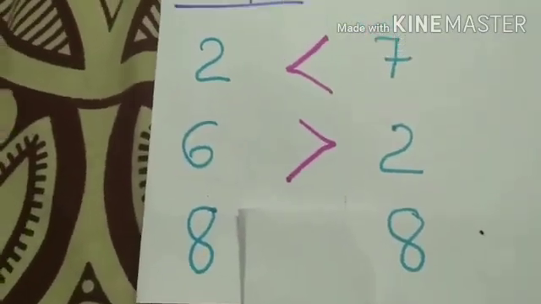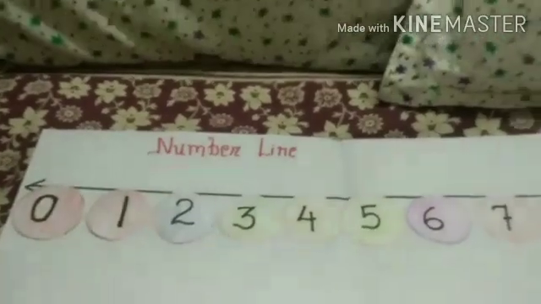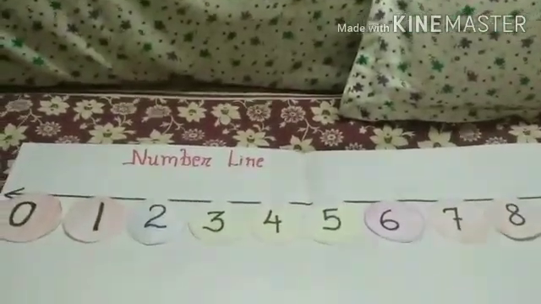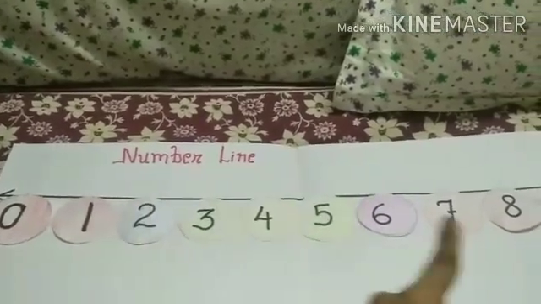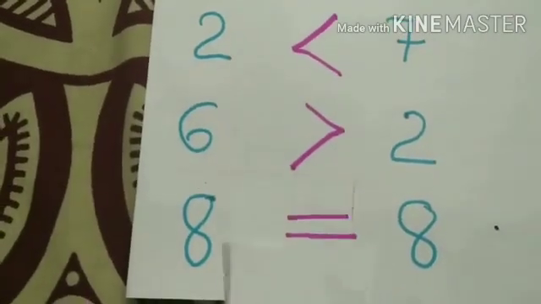Now third example, 8 and 8. Both the numbers are equally distant from 0. So which sign will we put? Equal to sign.